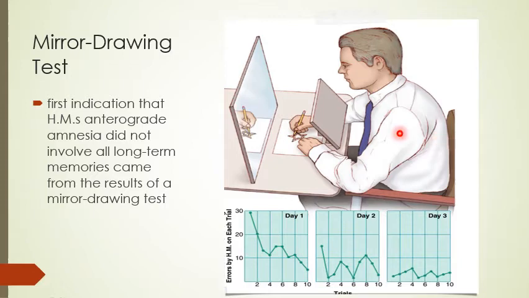Dili siya ka-recall nga nagbuhat sa mirror drawing test, pero unconsciously, implicitly ni-improve iyang performance. So in other words, naka-learn siya. This goes to show that it did not involve all long-term memories. Okay, later on we will discuss unsa magiging specific part of long-term memory disrupted from the surgery.